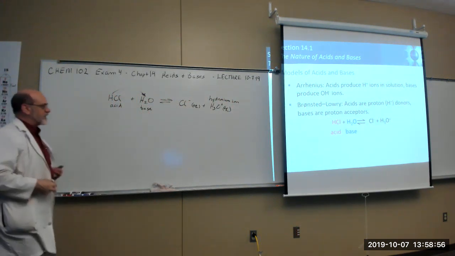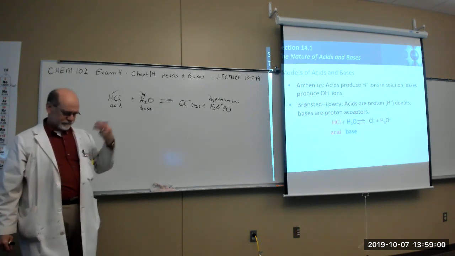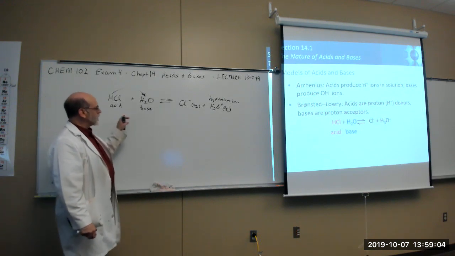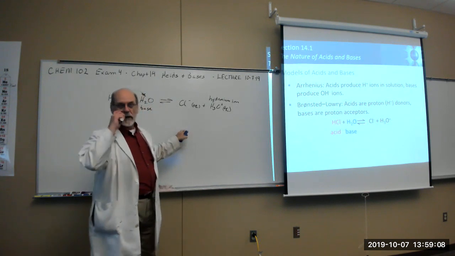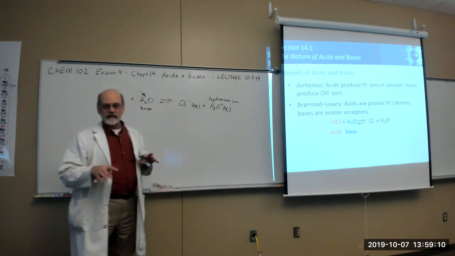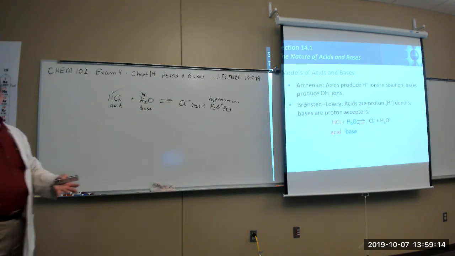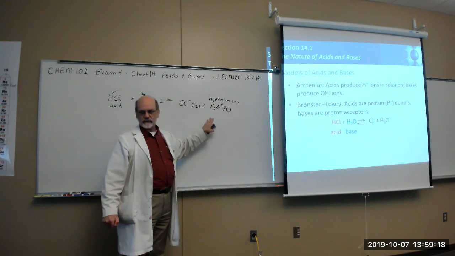Now you're going to see, in acid-base reaction equations, lone protons floating around in the equations. That's for convenience. It works, it gives us the right answers, but just recognize that lone protons never exist. They're always attached to something.